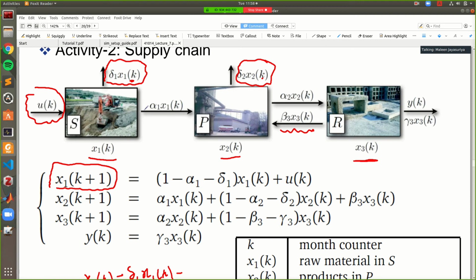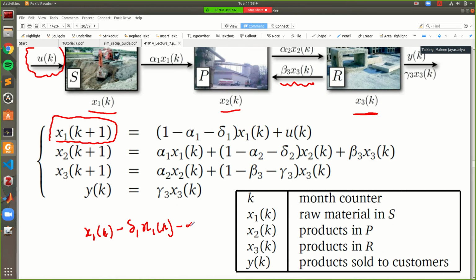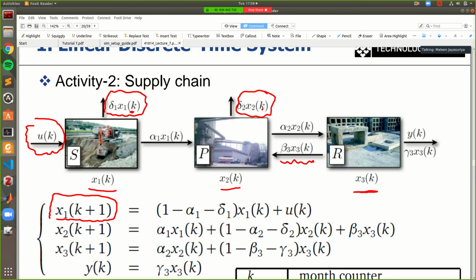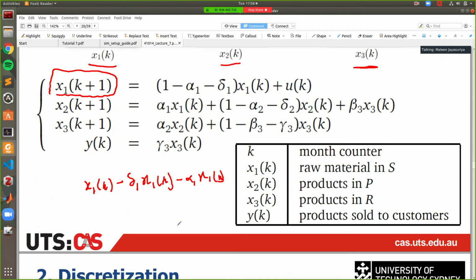Minus whatever amount of x1k that we sent over to the next state, which is minus alpha 1 x1k, right? Plus whatever input we are getting from the previous state, which is uk, right? And if I factorize this and take x1k out, I get this 1 minus alpha 1 minus delta 1 into x1k plus the input.